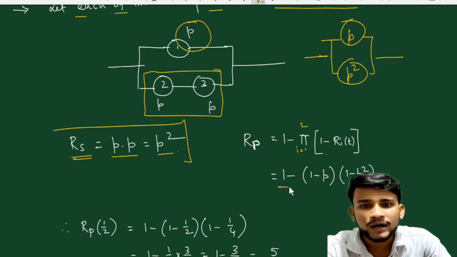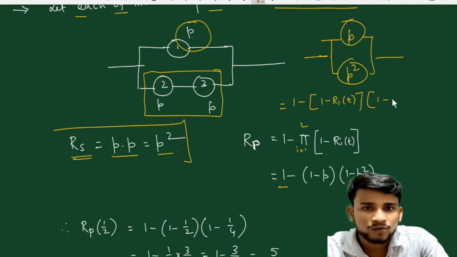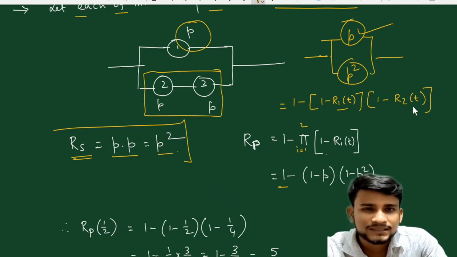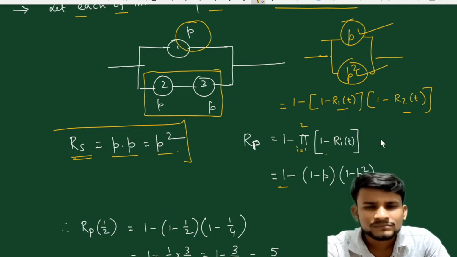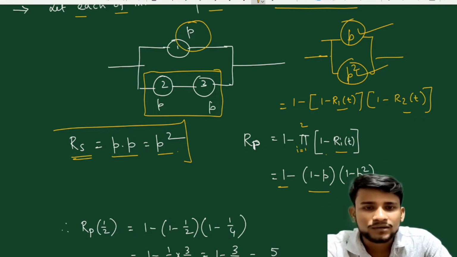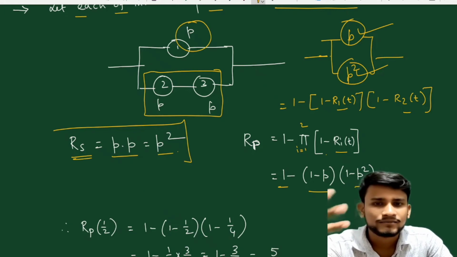This is equal to 1 minus (1 minus R_1(t)) into (1 minus R_2(t)). You can interchange them, it doesn't matter. So 1 minus R_1 means 1 minus p, and the second one is 1 minus p square. I think this is clear and a very easy problem.